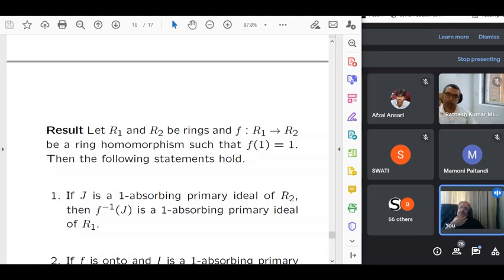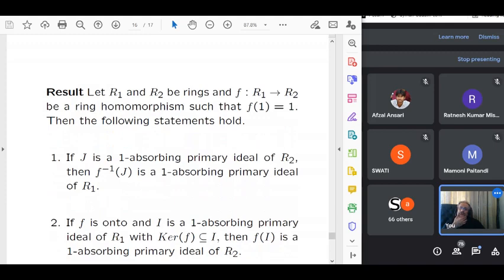And remember that the elements we select have to be non-units. So it was a careless mistake we made, because sometimes you think these are just routine results and we don't check. So we made a mistake in number one. We have to fix it.